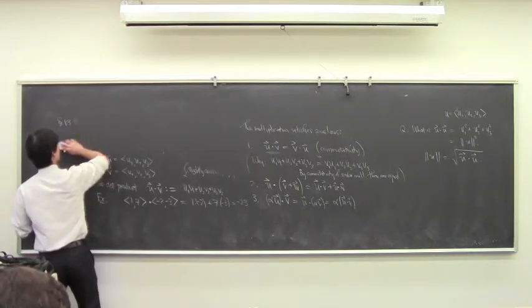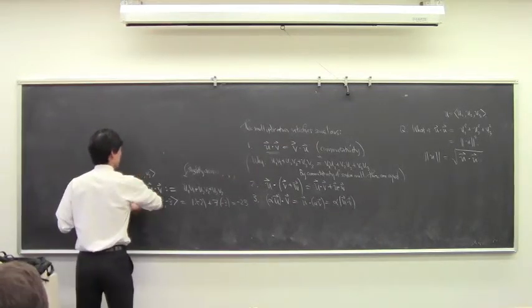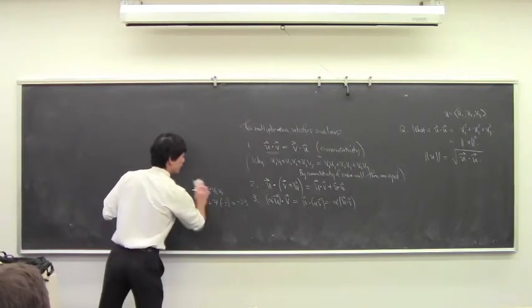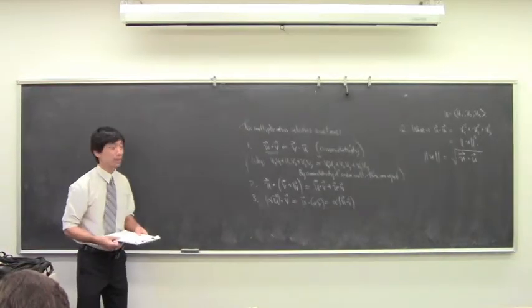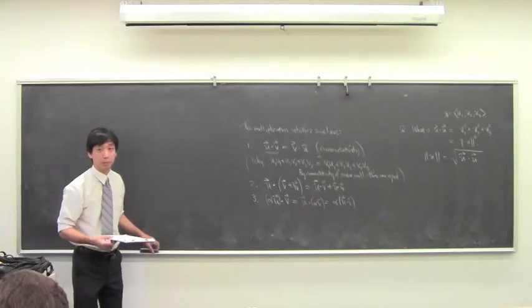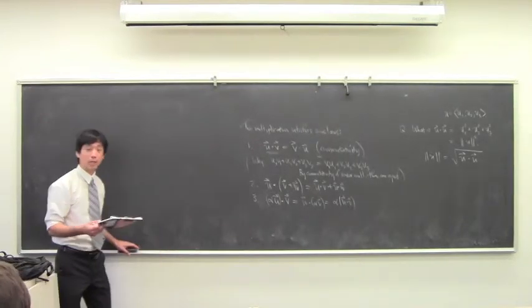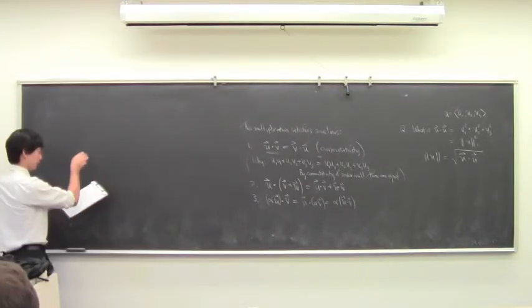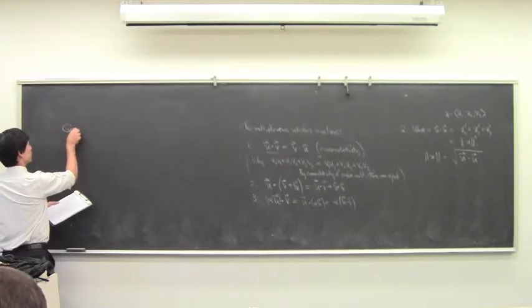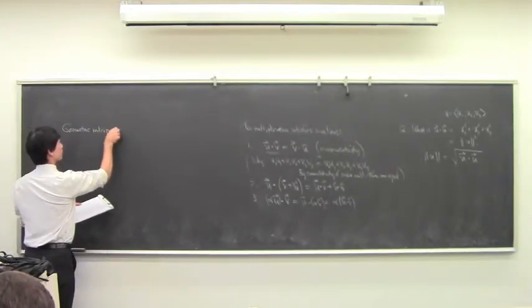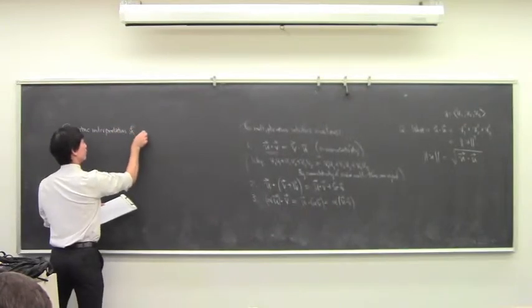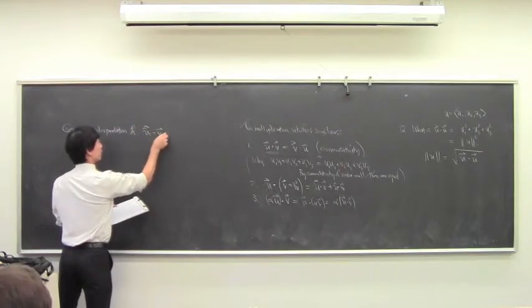So there's a sort of relation between geometry and dot product, at least between the dot product of a vector against itself. And in fact, there's a geometric interpretation of the dot product of a vector against another vector.